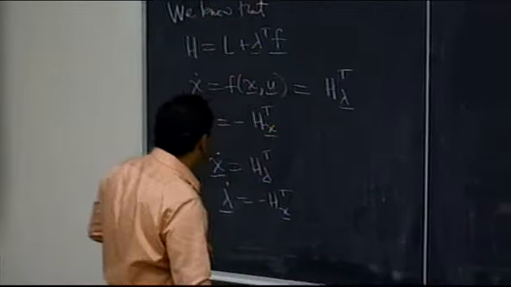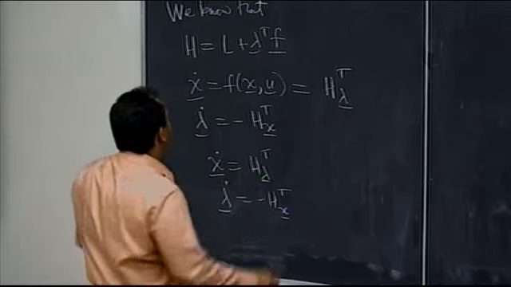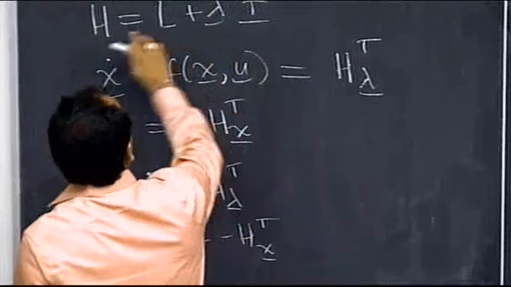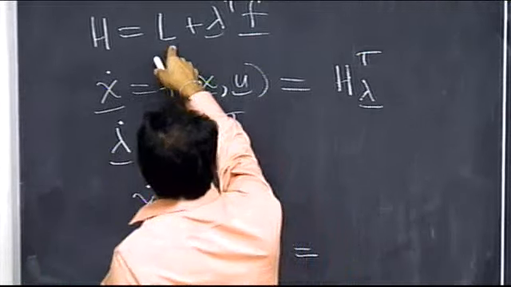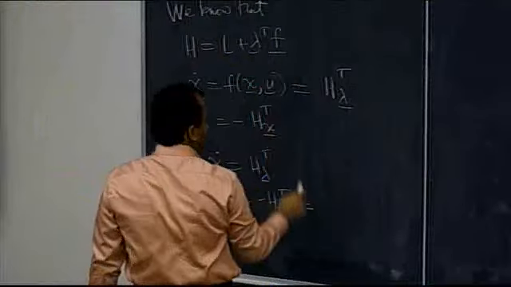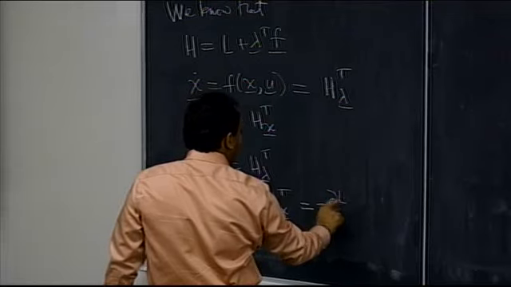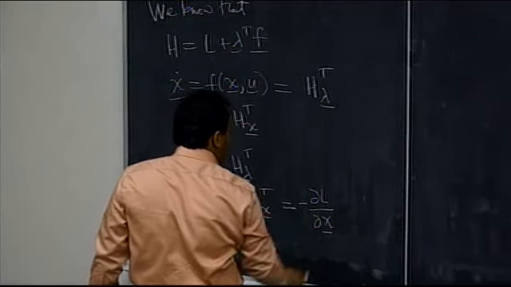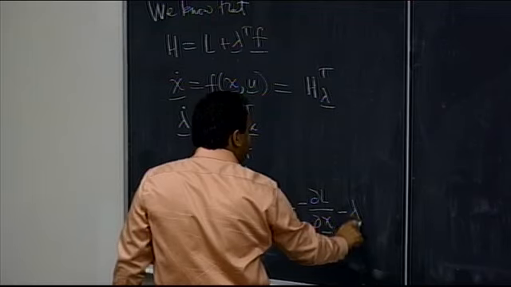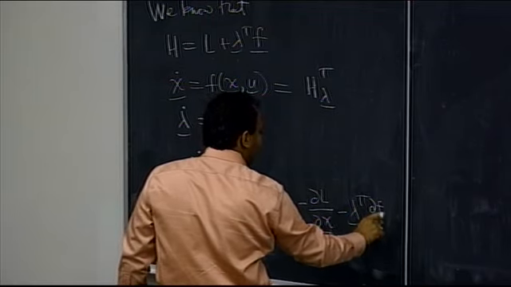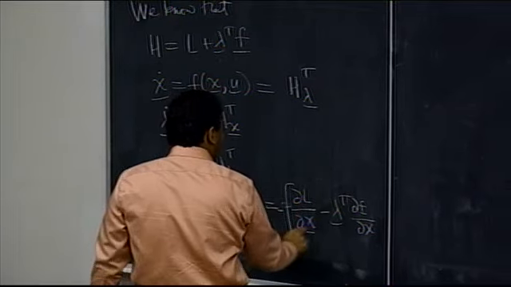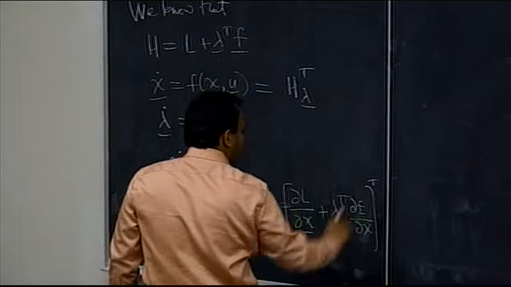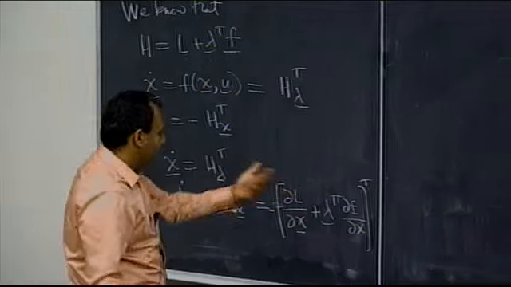If I take dH dx, I get dL dx plus lambda transpose df dx. So lambda dot is equal to minus the partial of L with respect to x, minus lambda transpose the partial of f with respect to x, and the whole thing is transposed, as these are all row vectors.